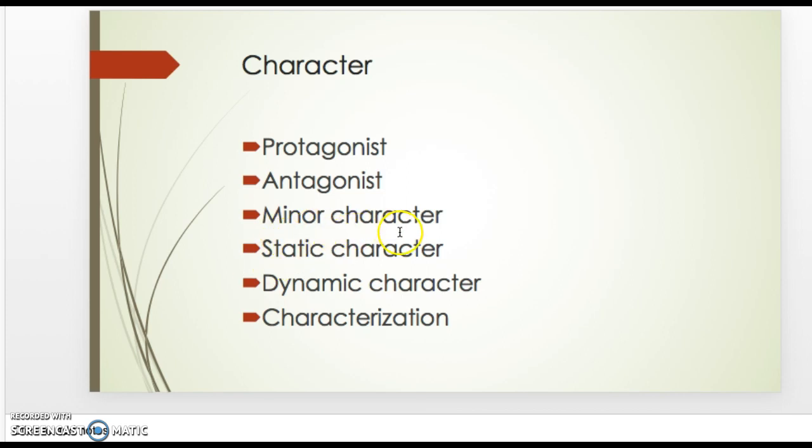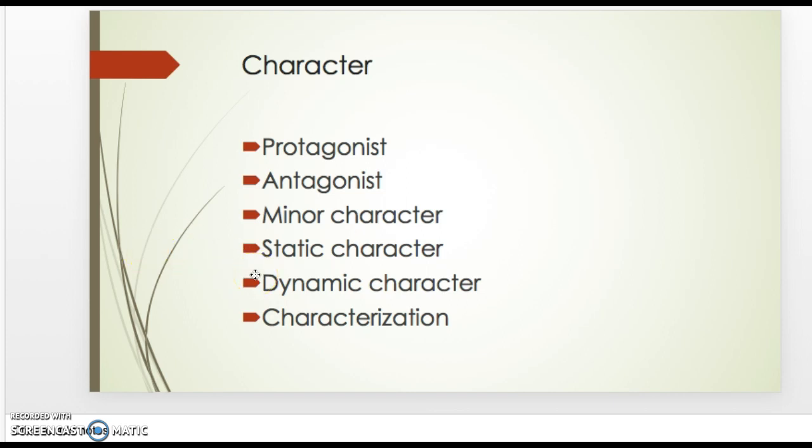But we often see, as we've talked about, that the minor characters are also those characters who have a disability or who are a person of another race or nationality. So that's often a way that an author will bring some diversity into a book that he or she is writing.